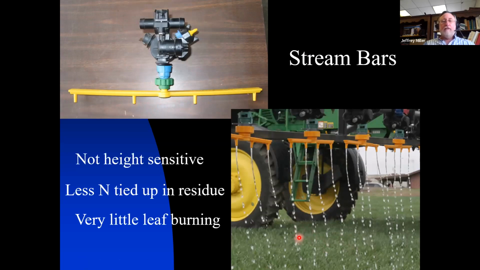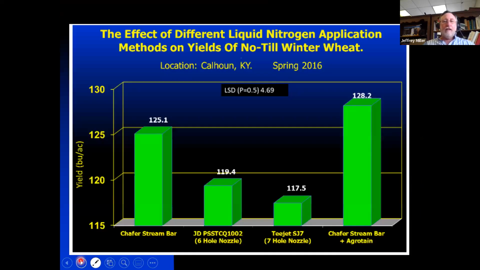One of the things they found right away was less leaf burning and better distribution, which you would think would mean less nitrogen volatilization. Again, you can look up these studies on your own, but here are 2 nozzles with multiple holes per nozzle, and yields are compared with the stream bar. You can see that the stream bar improves on yield.